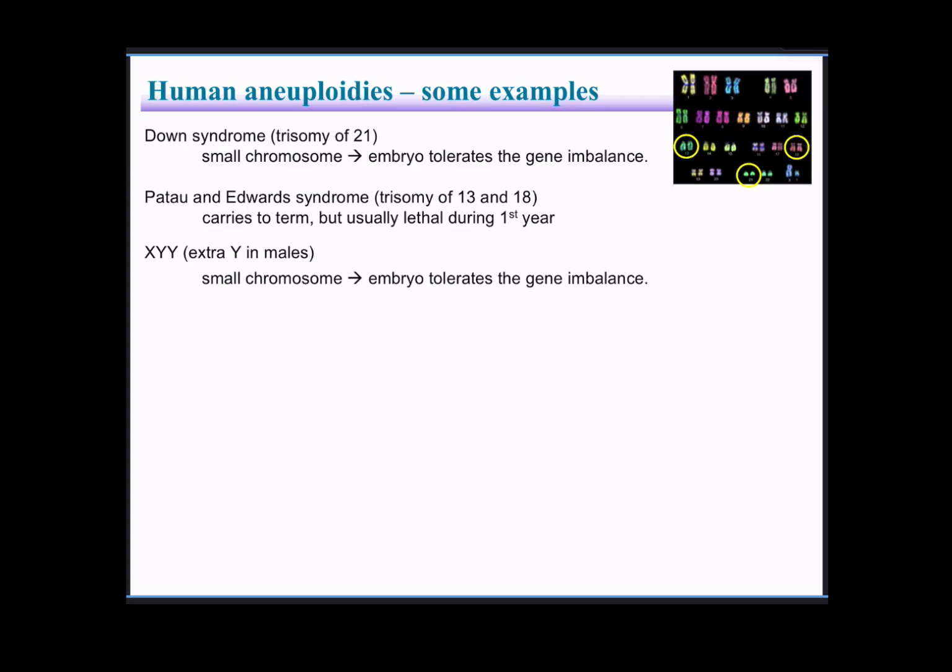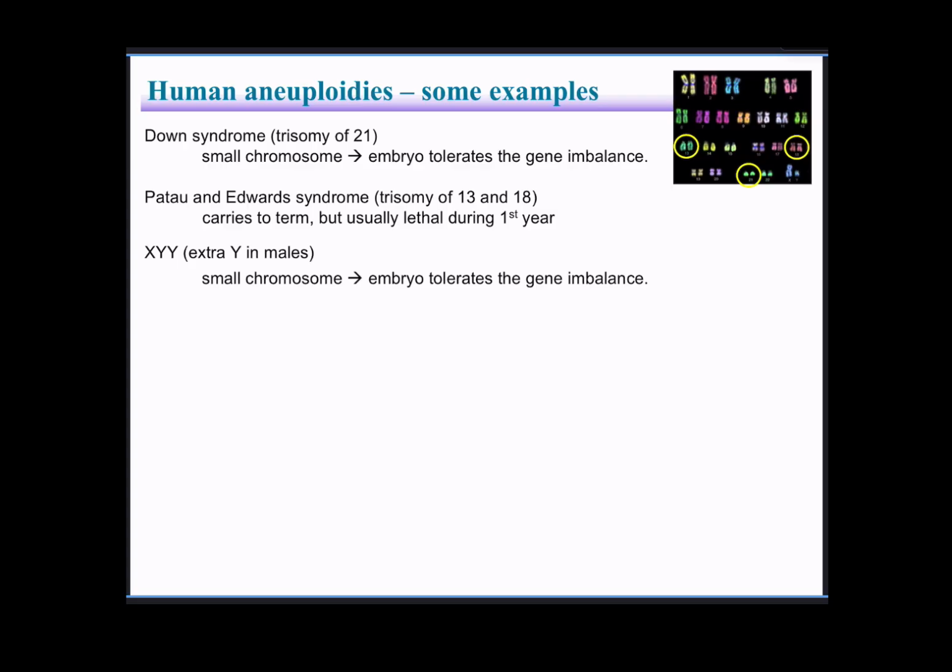So individuals who have a trisomy in the sex chromosome, with the configuration XYY, an extra Y, can tolerate that extra chromosome because, once again, the Y chromosome carries very few genes, and the extra dose of those genes doesn't really affect much. So the embryo tolerates the genetic imbalance, and these individuals make it to adulthood no problem.